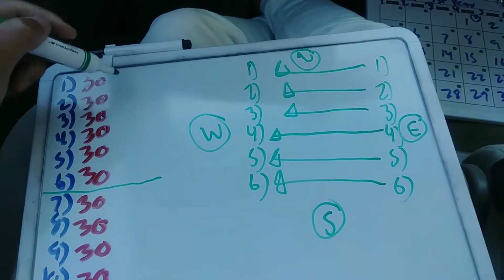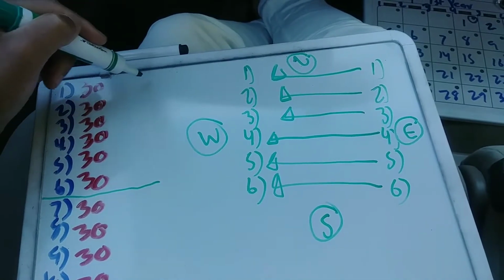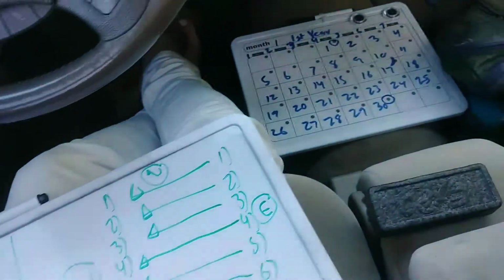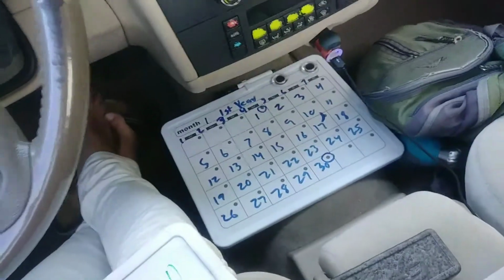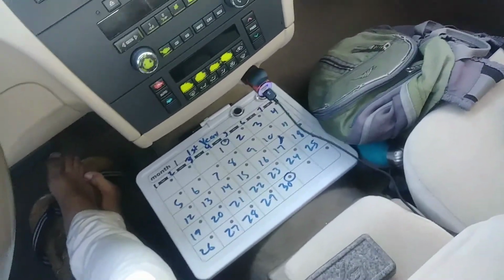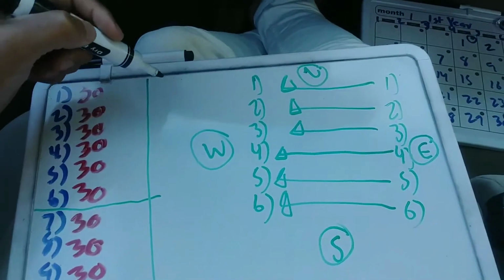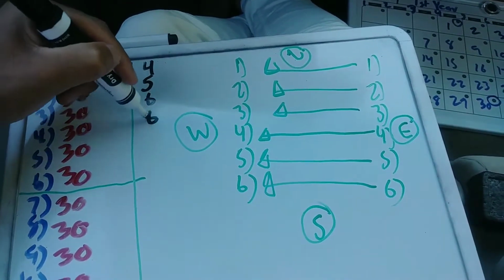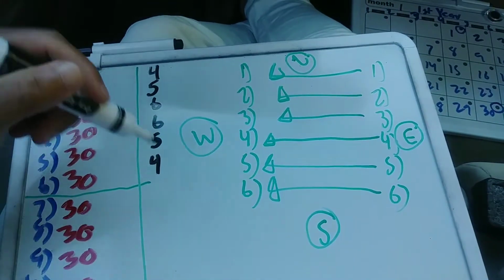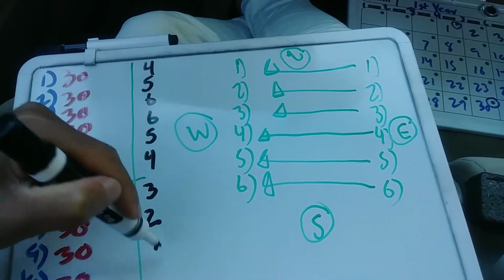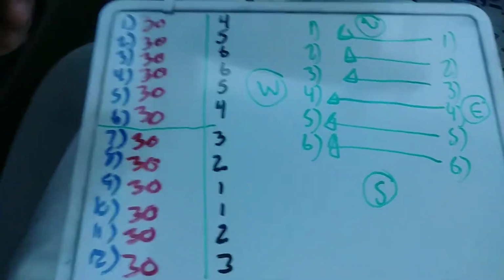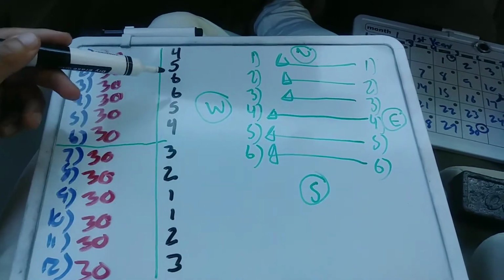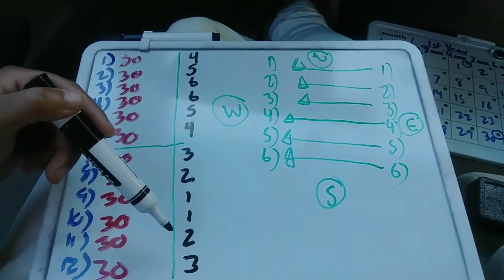Okay, so let me get another marker here to help us out. 4, 5, 6, 6, 5, 4, 3, 2, 1, 1, 2, and 3. The numbers in black represent the portals or the gates that the luminaries enter and exit from.